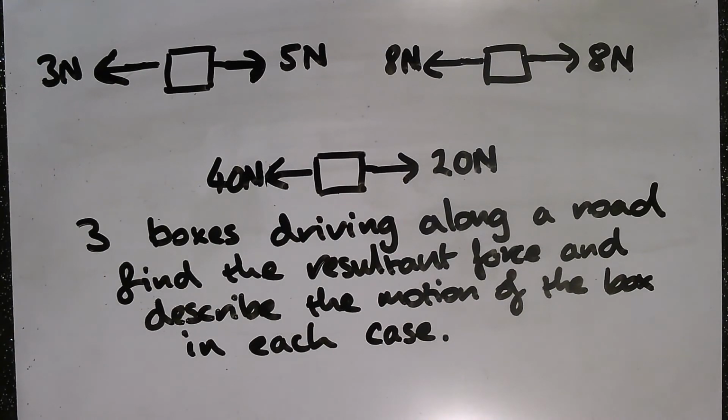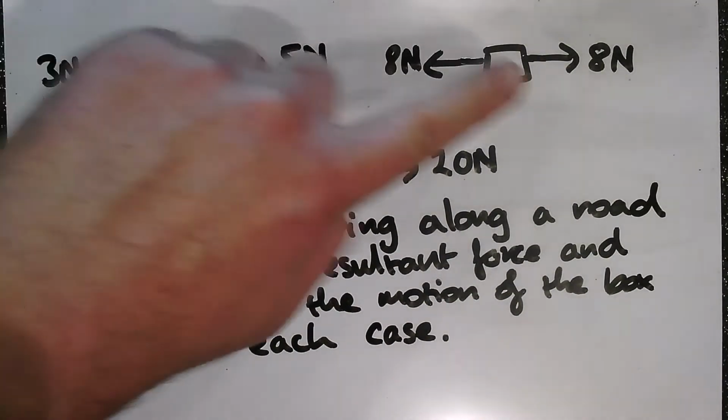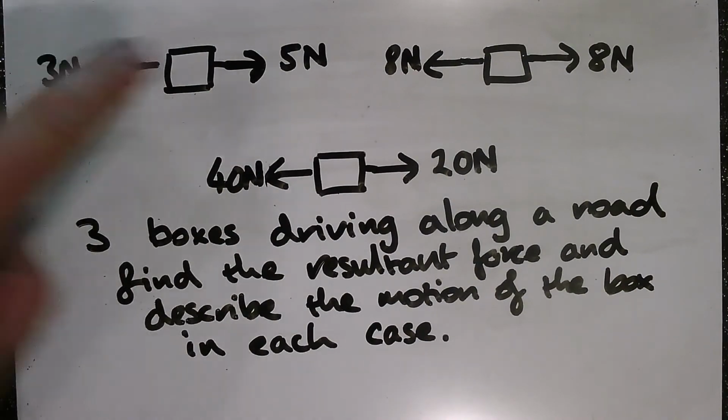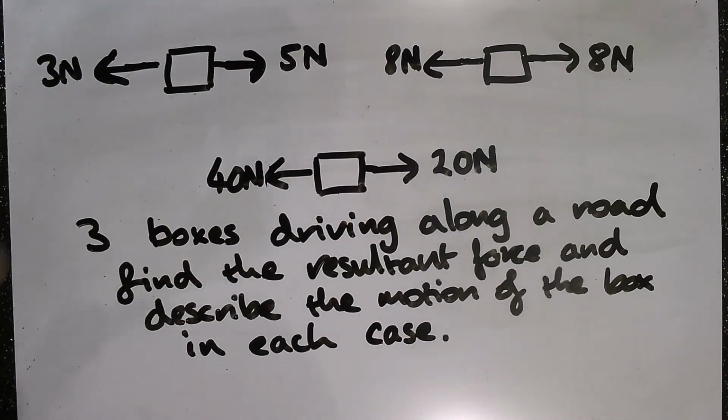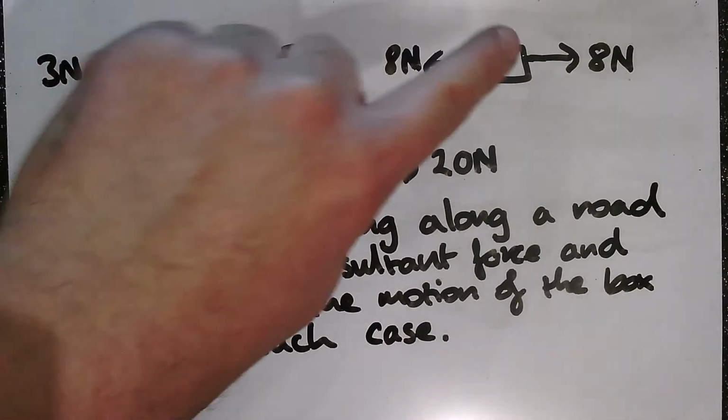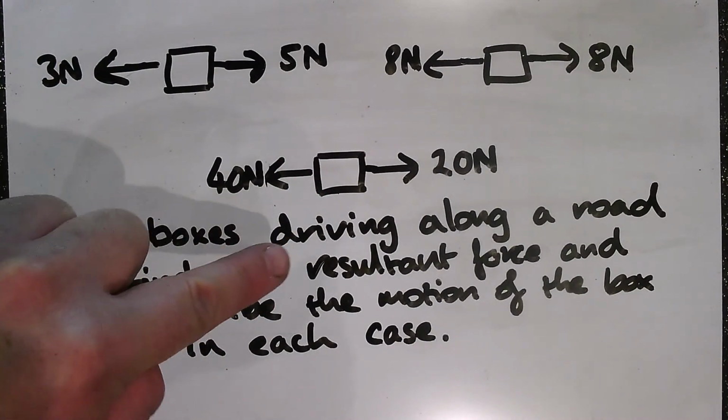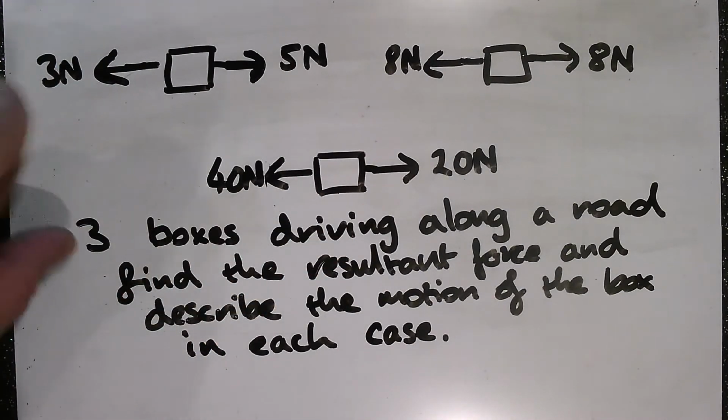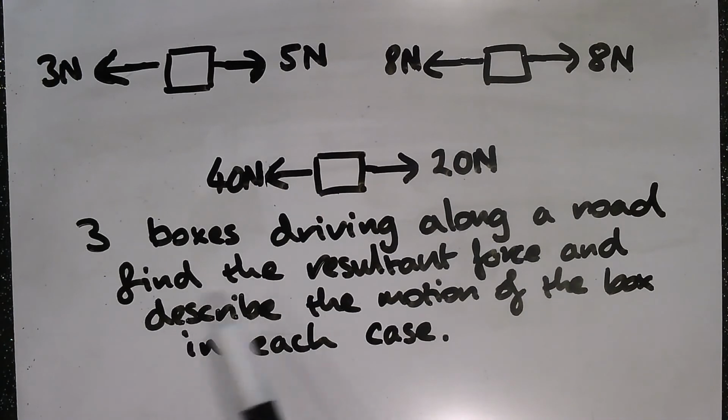Okay, so practice. What I've done here is I've drawn 3 boxes. Could have drawn 3 cars, but I'm saving that for another time. So 3 boxes, and for some reason they're driving along a road. The question says 3 boxes driving along a road. Find the resultant force and describe the motion of the box in each case.